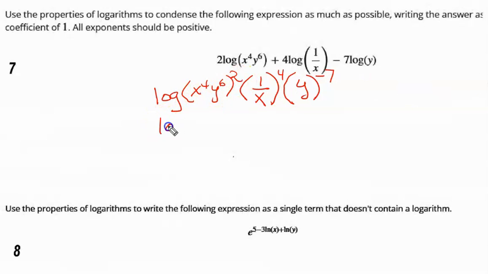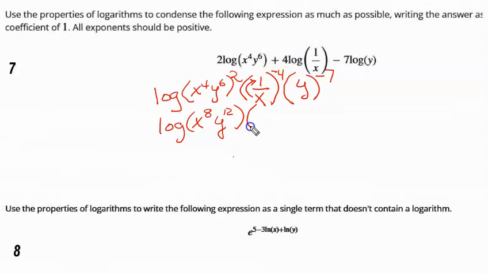So this is log. We're going to use the powers rule. So this is x to the 8th, y to the 12th. Now, to get my x from the denominator up to the numerator here, I'm just going to make this 4 a negative 4.